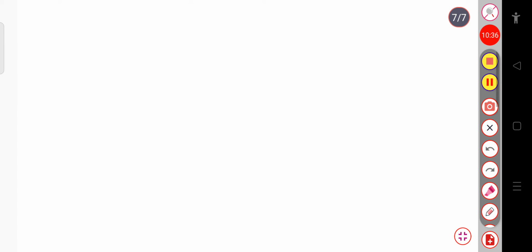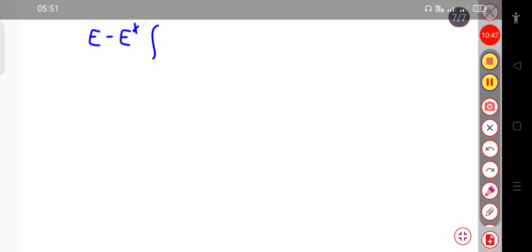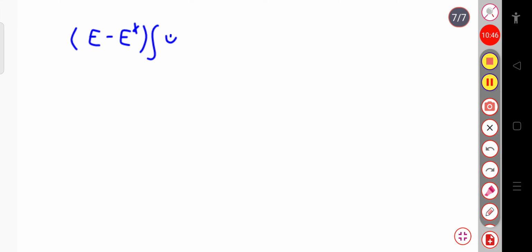So now we can write this is e minus e star whole into integration of psi star of r into psi of r d cube r, that is equal to 0.